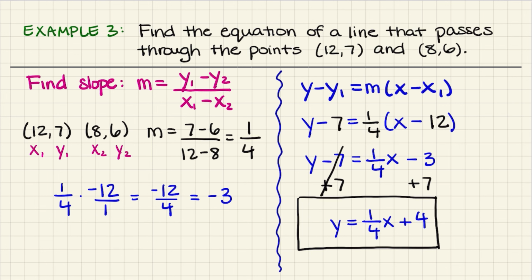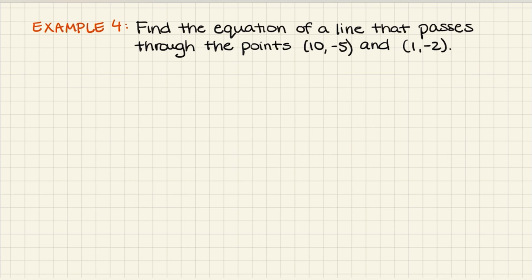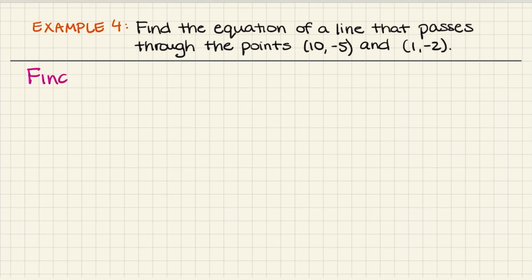Let's do one more example where we're given 2 points. So here in this example, we're finding the equation of a line, and we're given 2 points that it passes through. So again, our first step is going to be to find the slope.